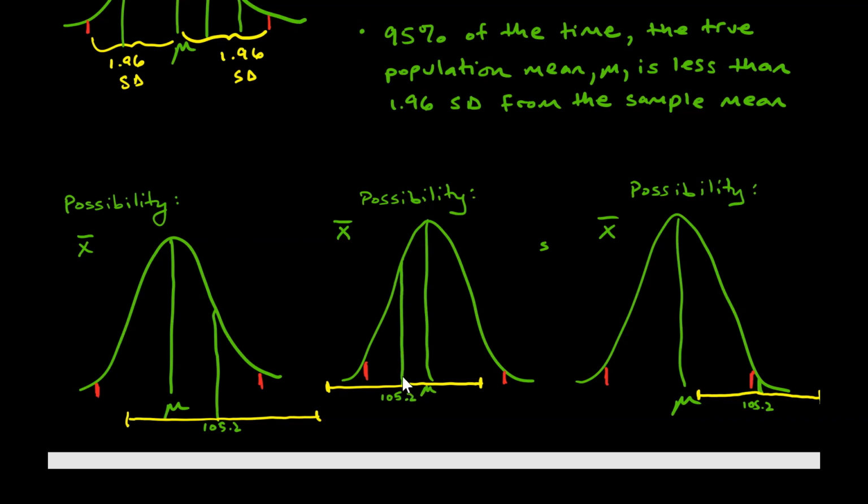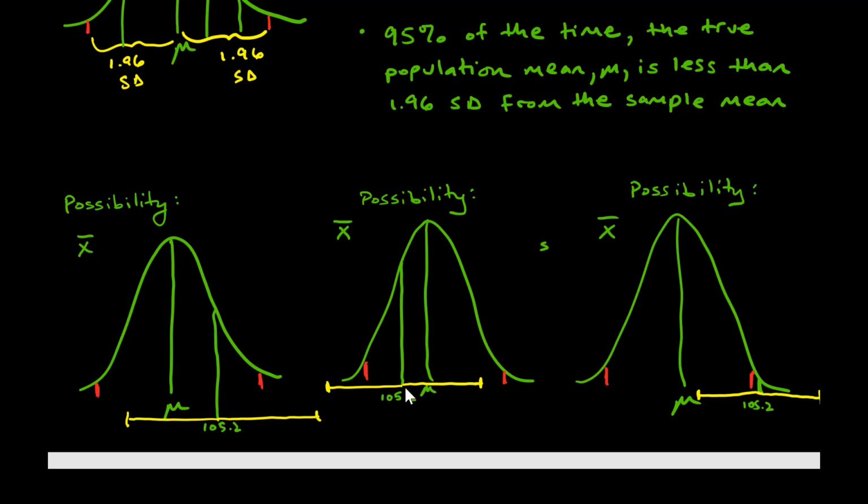Here's another possible location for our sample mean of 105.2. Again, if you deviate 1.96 standard deviations on each side, you create an interval that contains that true population mean.